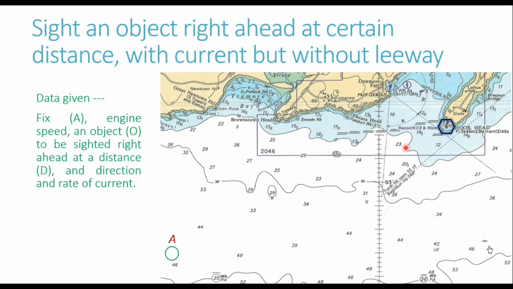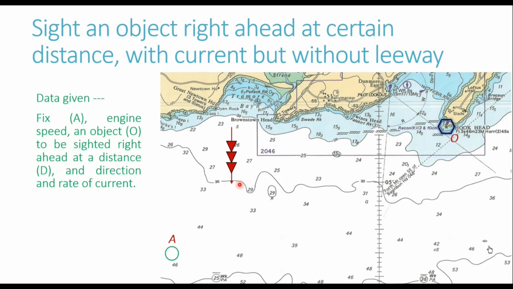Let's identify the object which we are required to keep right ahead. In this example, we are assuming that this Hook Head lighthouse is to be sighted right ahead at a given distance. So let's name the object as O.